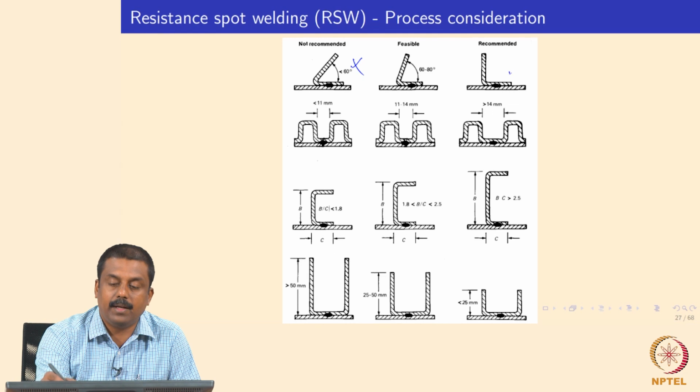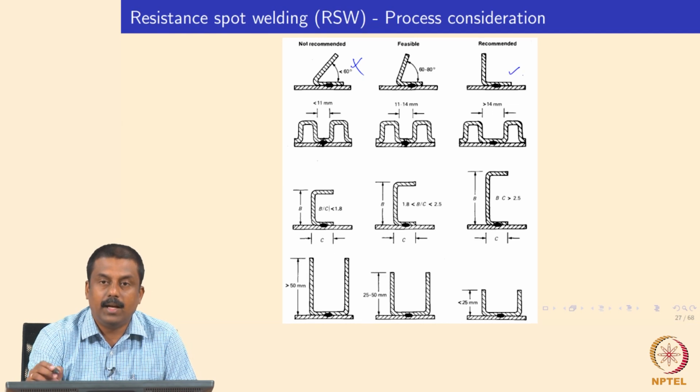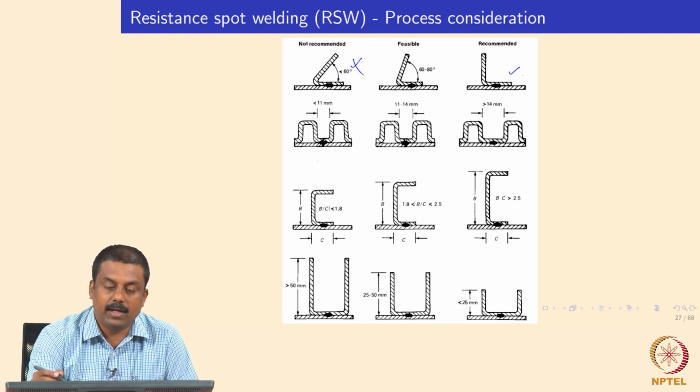Better to have an L flange, so that we can have a uniform load distribution and improved stiffness of the components you are making. And you can also do a simple stiffness analysis to identify the actual geometry at which you can make spot welds.